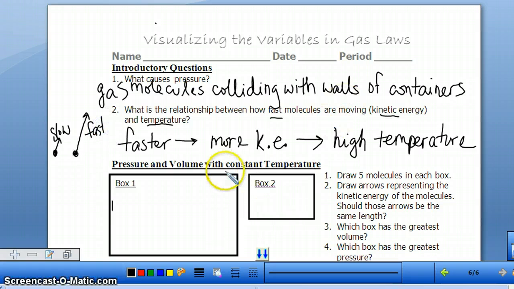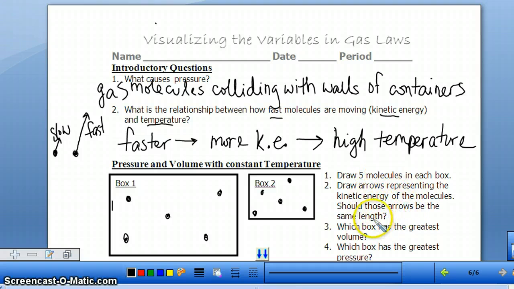So when you come down here to pressure and volume, the first question says draw 5 molecules in each box. So just sort of spread them out. Go ahead and do this one over here. And then it says draw arrows representing the kinetic energy of the molecules.